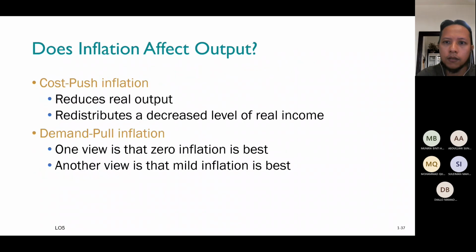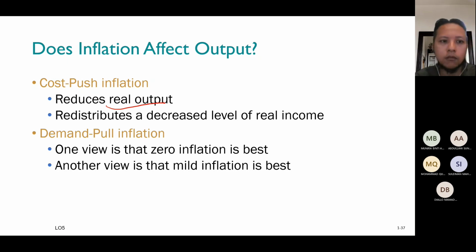Skip that one. So the question is basically whether inflation will affect output, and whether it will affect economic growth. In the case of cost push inflation, it will reduce real output.